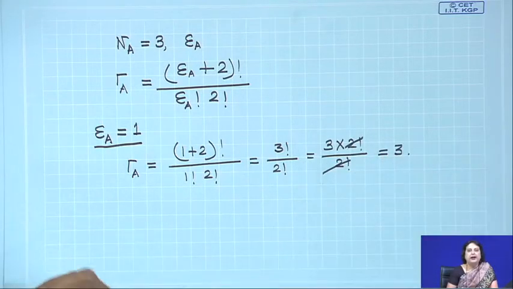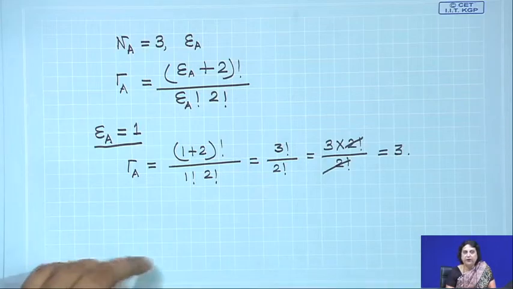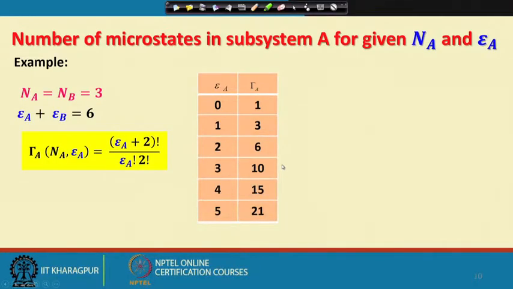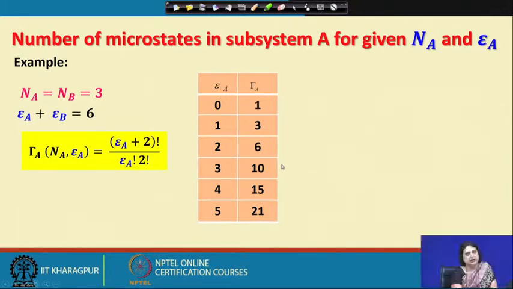This way I can find out the number of microscopic states associated with a given value of epsilon. So, now we can generate all possible values of epsilon A and estimate the corresponding values of gamma A. The final value would be epsilon A equal to 6, and correspondingly the number of microstates possible with N A equal to 3 is 28.